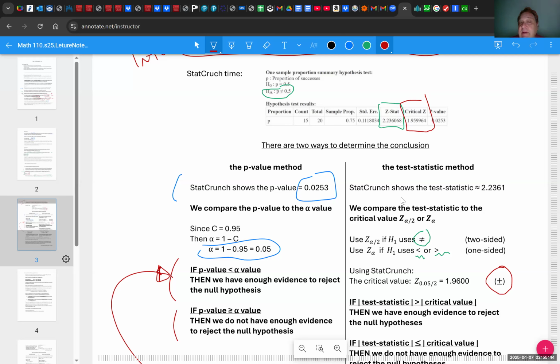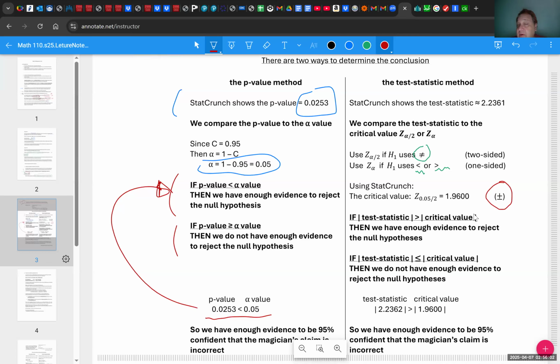So how do we now use the test statistic method? Well, once again, we're going to compare. In the p-value method, we compared the p-value and the alpha value. In the test statistic method, we're going to compare the test statistic and the critical value. If the test statistic is greater than the critical value, then we have enough evidence to reject the null hypothesis. If the test statistic is less than or equal to the critical value, we do not have enough evidence to reject the null hypothesis.